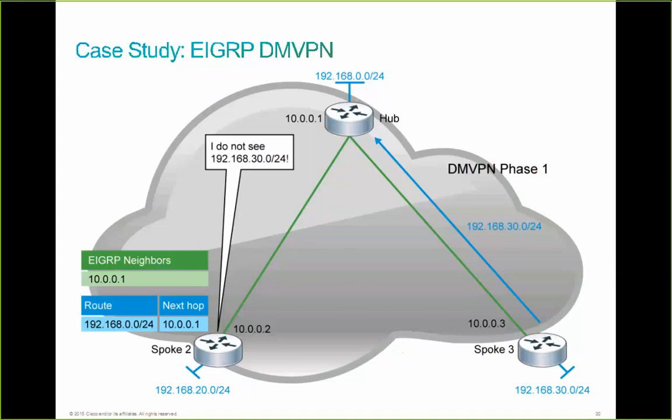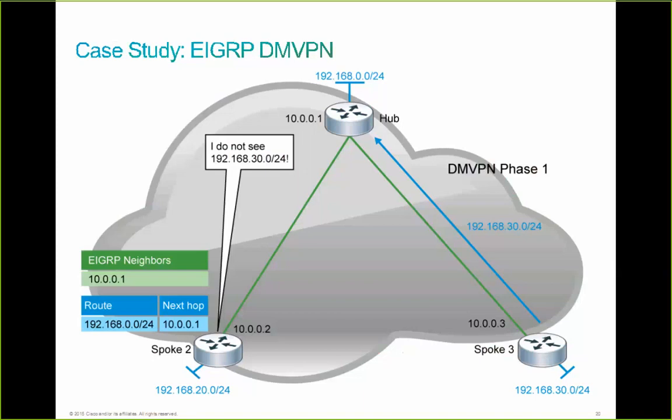DMVPN has migrated through three major phases of configuration: DMVPN phase 1, phase 2, and phase 3. In phase 1, we had really just a basic hub and spoke topology design.